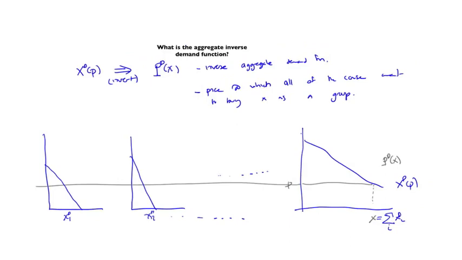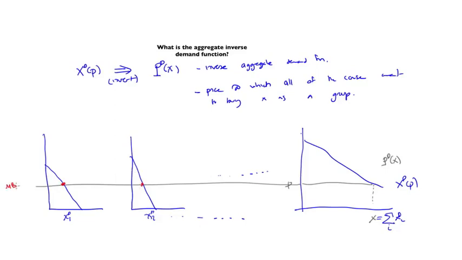Now let's relate this aggregate inverse demand function to the underlying marginal benefit, just like we did for the case of the individual consumer. One important observation to do this is notice that all of the consumers that are buying at price P, the value of their last unit has the same marginal benefit.